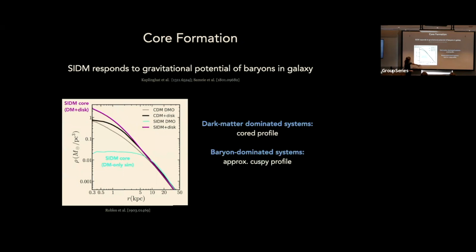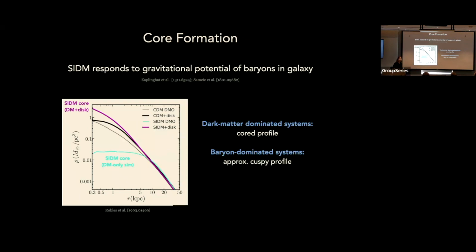I don't remember the details of exactly what they did, but that'll set just how cuspy it's getting here. You can also see similar behavior occurring here in the cold dark matter, probably coming from adiabatic contraction when you add the disk in. Sure. Yeah.